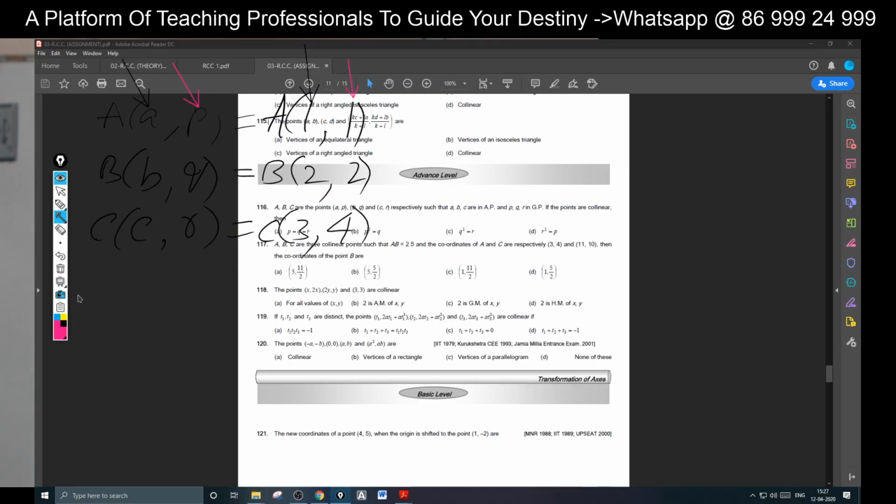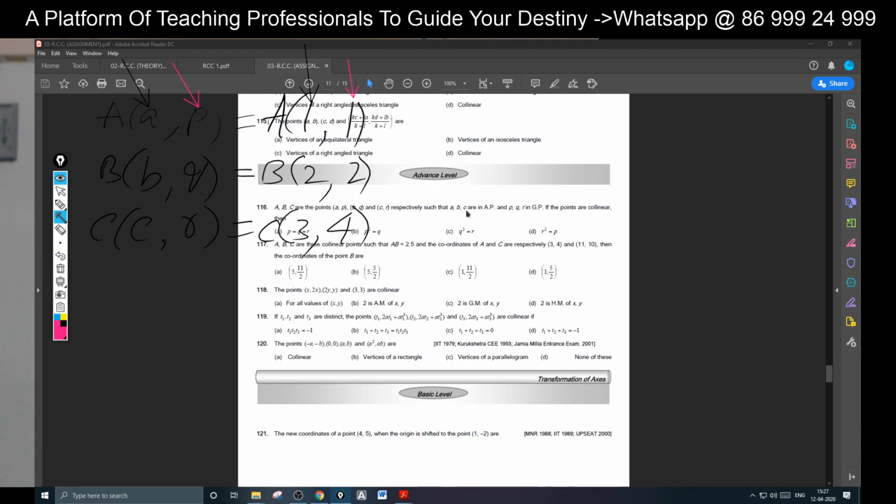Let us check the options. First option, P equals Q equals R. No. 1 is not equal to 2. Q square is equal to R. What is Q here? 2. 2 square is equal to 4. R square equal to P. 4 square is equal to 1. No, it's not possible. So, what should be the final answer in this case?